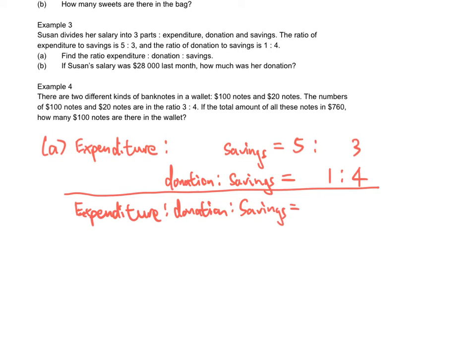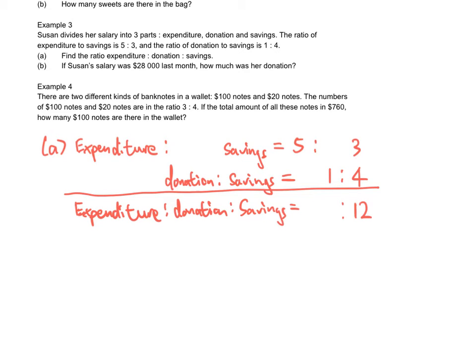Remember, the rule is to find the common column and try to find the LCM, which is this one. 3 and 4, the LCM is 12. So from the first one, how do we get from 3 to 12? Times 4. So the 5 also times 4.